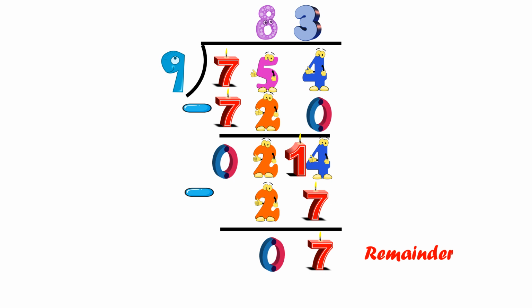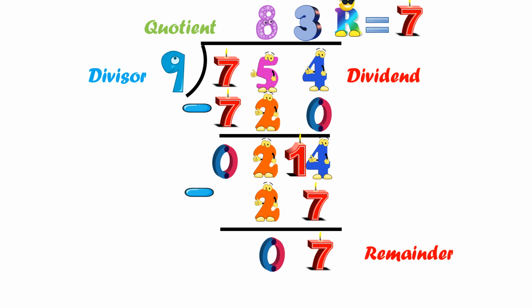So here we stop the long division, since we can't divide 7 by 9. So in order to divide 754, the dividend, by 9, the divisor, we find the answer 83, which is the quotient, and the remainder is equal to 7.